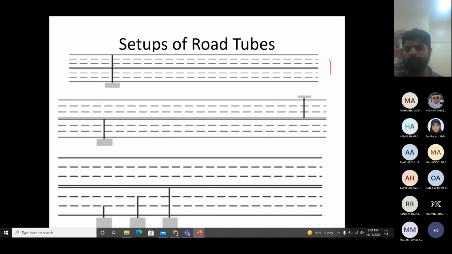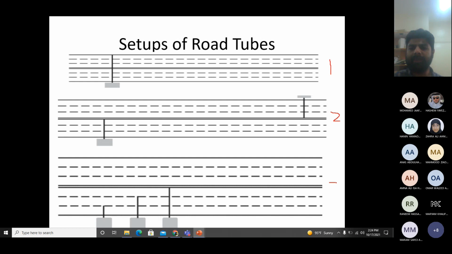So obviously this road tube will give you the data for both directions combined. Then in figure 2, we are using 2 road tubes, one for each direction. So obviously data from each road tube will be for each direction, right? In this case, I don't want the combined data. I want separate data for each direction, so I will use 2 road tubes.